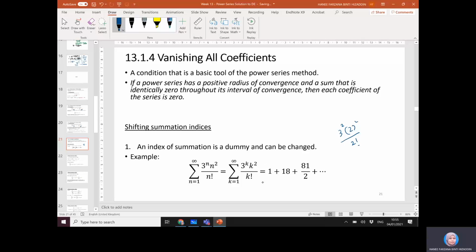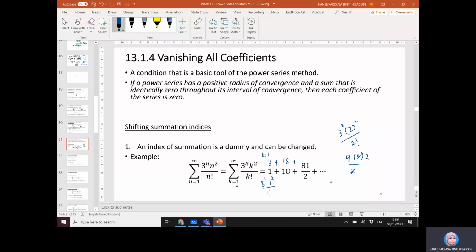In this case, if you put k equals 1, because this series starts from 1, then you have 3 to the power of 1, times 1 squared over 1 factorial. So you get 3. The second term is 9 times 4 divided by 2, so you get 18. Okay, 18.